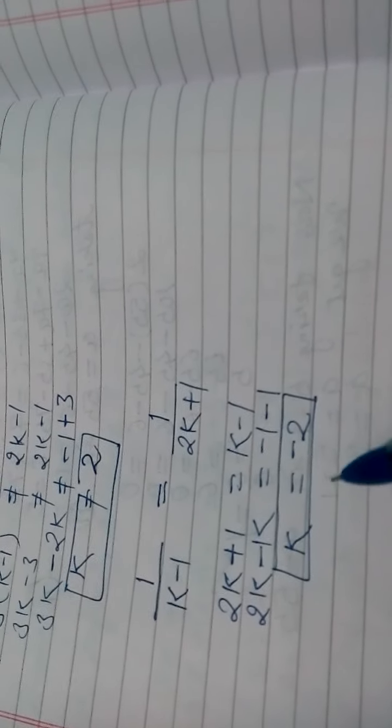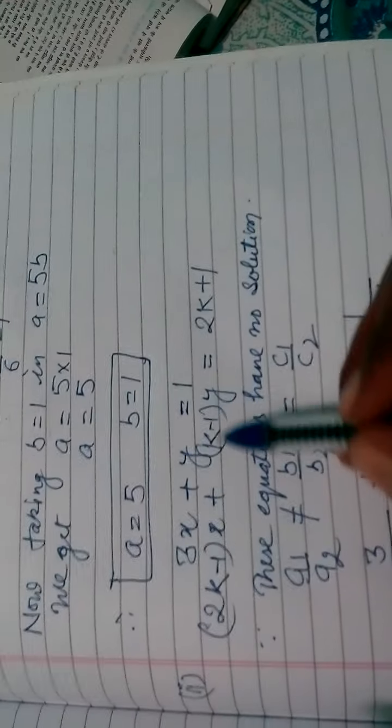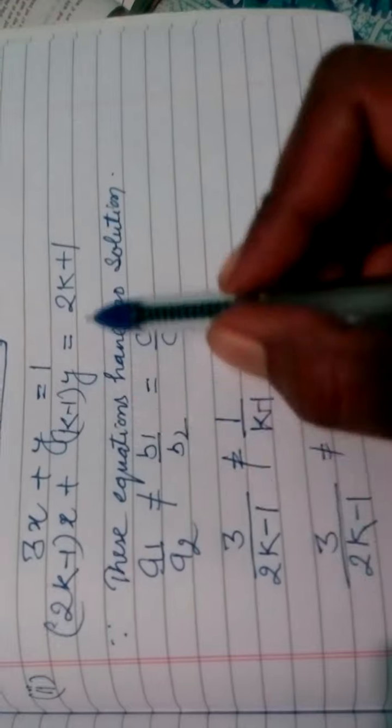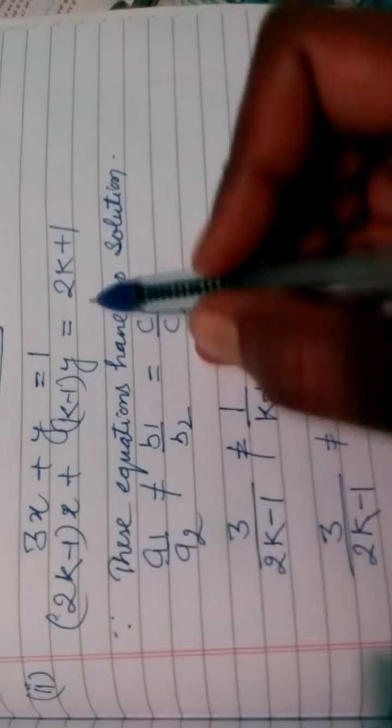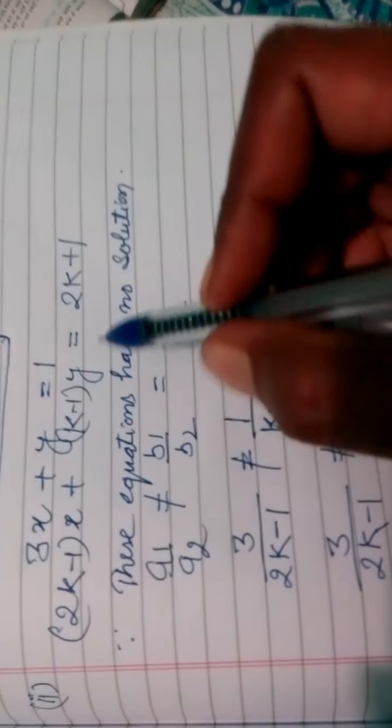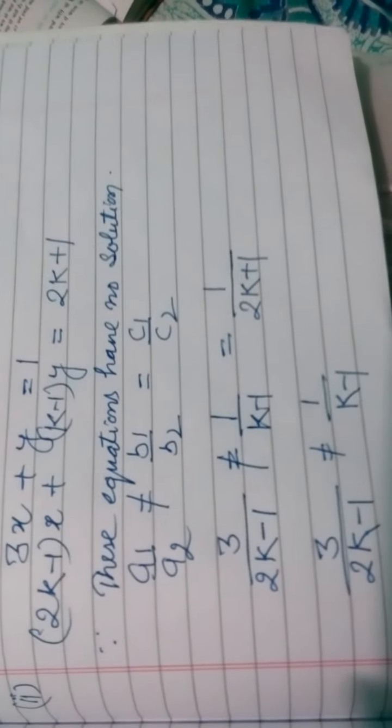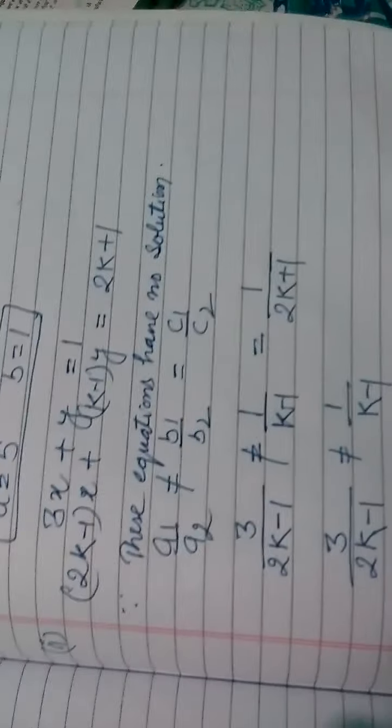So for k equal to minus 2, these equations will have no solution. Okay, that's all.